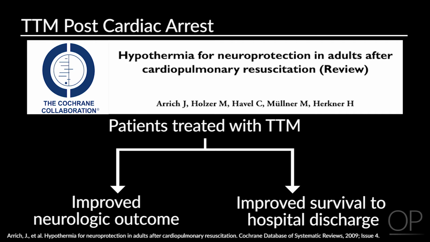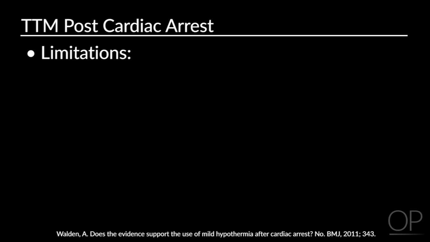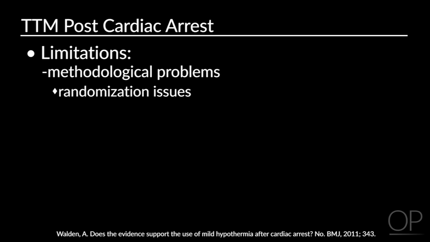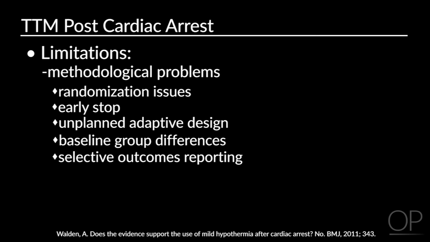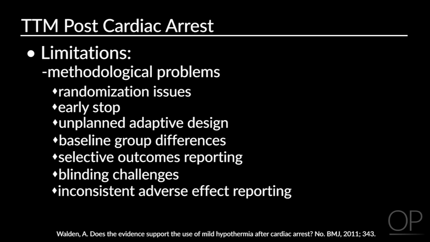Needless to say, even this Cochrane review has been significantly criticized in that there were methodologic problems that were not evaluated in the analysis, including quasi-randomization with odd and even dates, early stopping without predefined rules, unplanned adaptive design, baseline differences between the groups, selective outcome reporting, no description of sequence generation and allocation concealment or blinding, and inconsistent reporting of adverse events, which made it difficult to assess harm from the intervention.